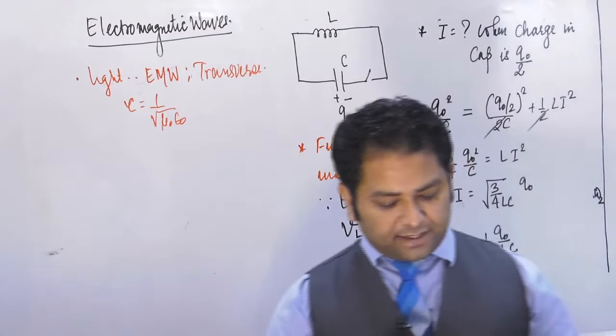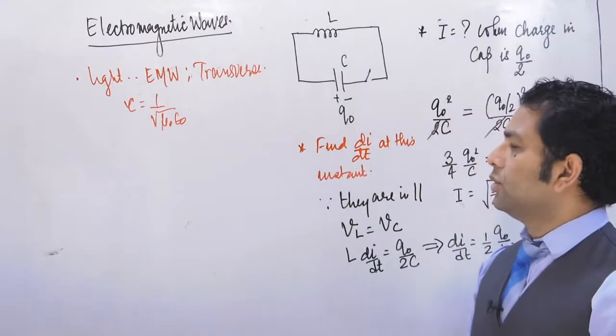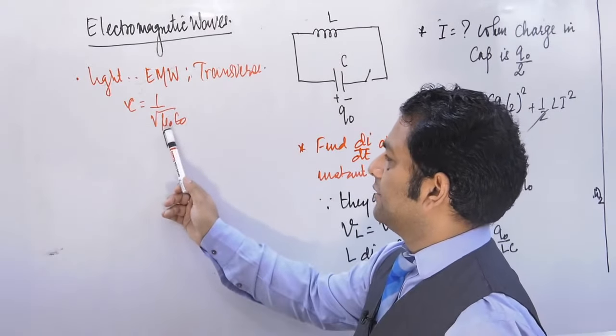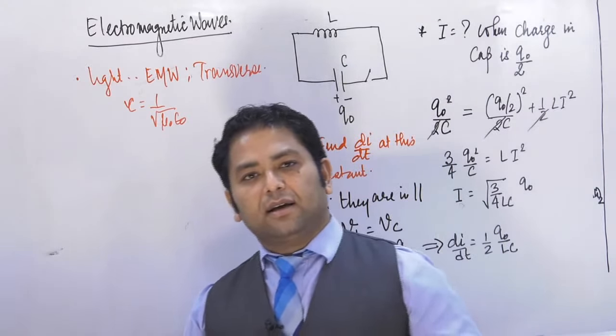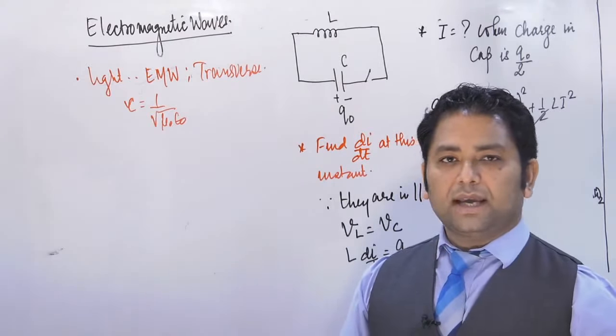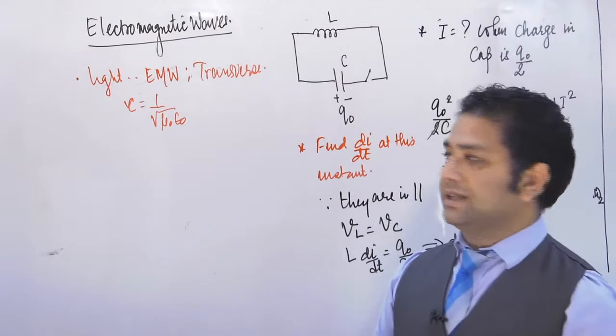Now see, there is an interesting part you should remember: mu naught epsilon naught is for vacuum, and if it's in a medium, the respective values of mu and epsilon would be there, or you multiply by the relative permeability.